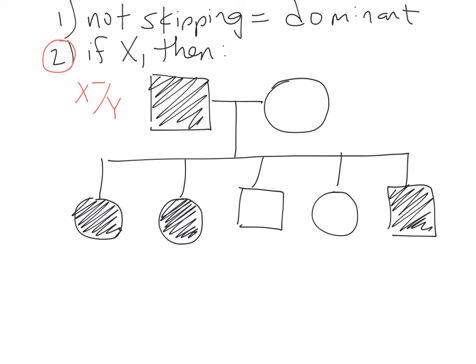Okay, so what has to be true of affected males with X-linked dominant traits? Who gets his X chromosome? How many of his daughters? All of his daughters. So that would mean that every circle down here would be X minus over whatever came from the mom, which we haven't figured out yet.